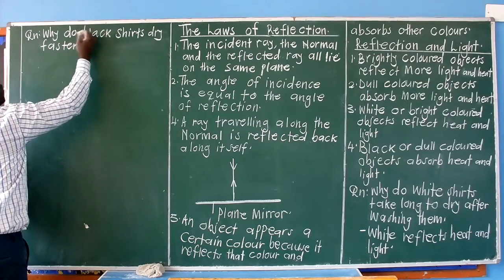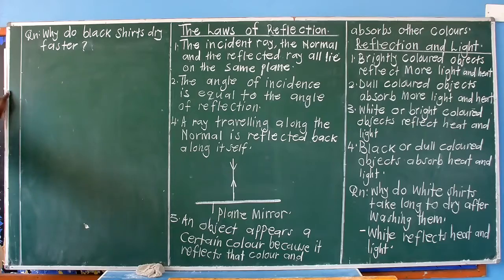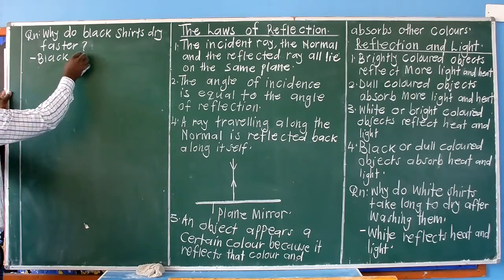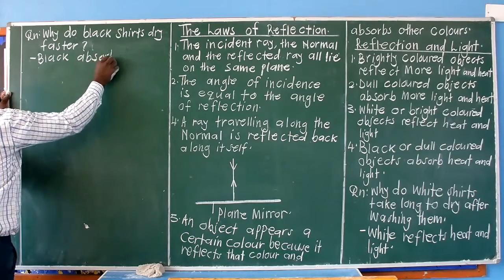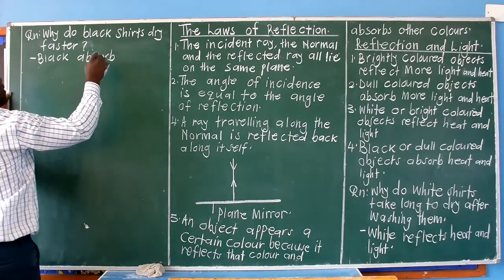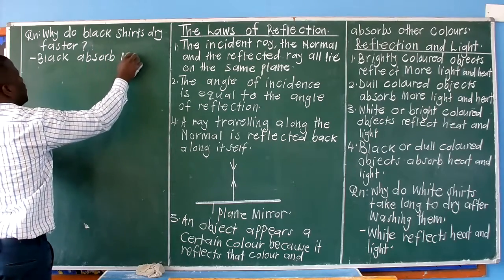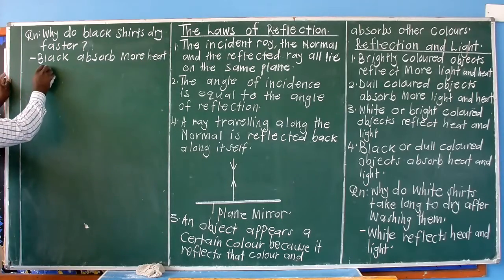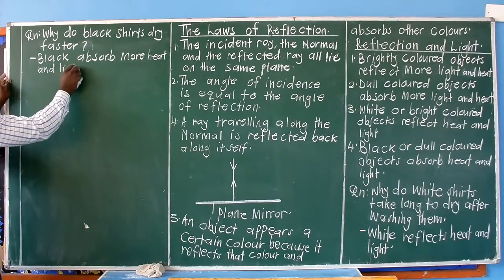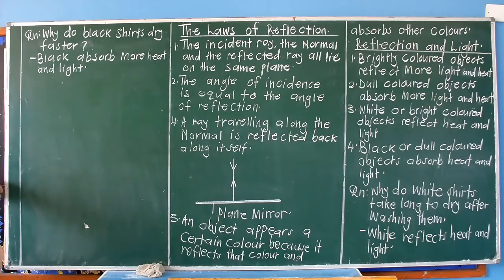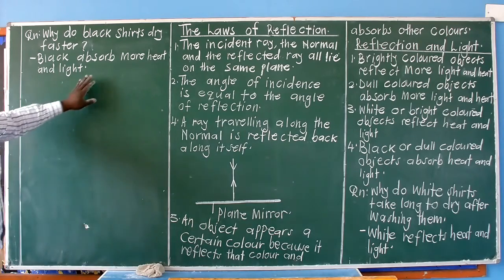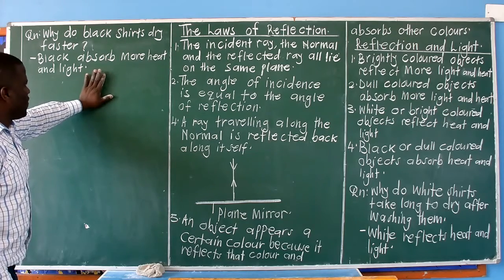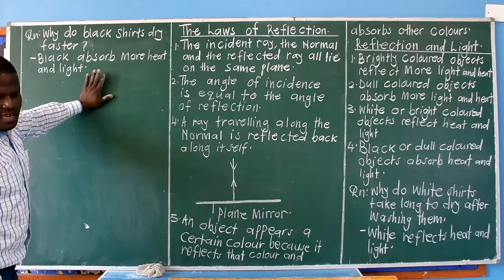It's because black absorbs more heat and light. That's the reason why a black shirt will dry faster, because it absorbs more heat and light.